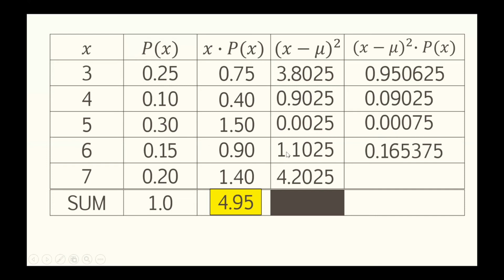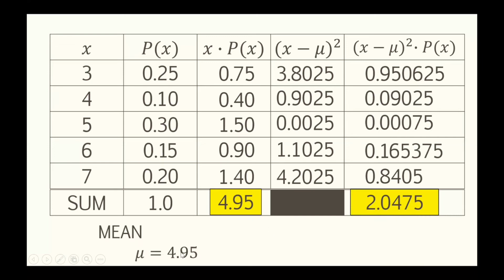And 4.2025 multiplied by 0.20, that is 0.8405. So here, to get the variance, we have to get the summation of the last column. That is 2.0475. Your mean is 4.95 and the variance is 2.0475.